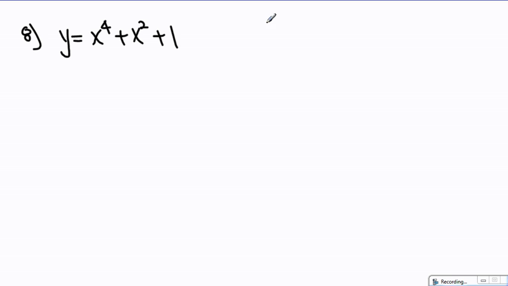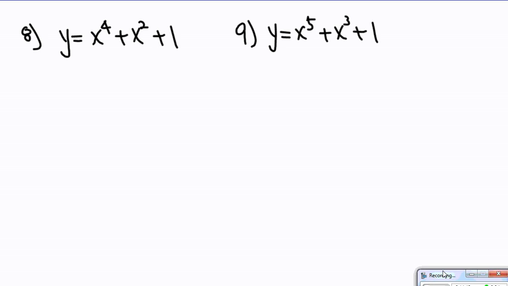Now, number 9 would have been y equals x to the 5th plus x to the 3rd plus 1. I want you to examine these two functions and tell me which one of these are even functions or odd functions for that matter. You can pause it a little bit and then work on this one.